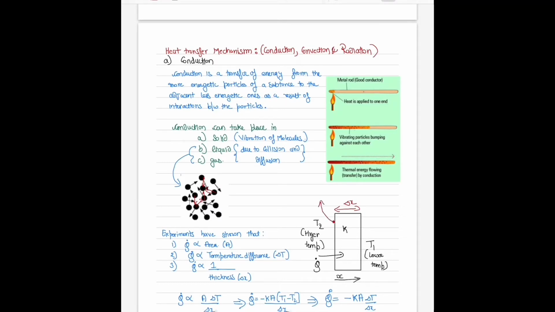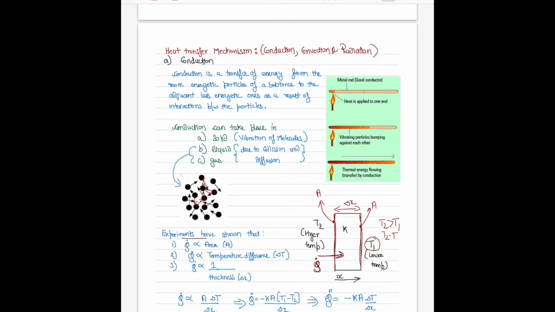One end of the slab of area A is maintained at temperature T2, and the other end of the slab with the same area A is maintained at temperature T1, and T2 is greater than T1. Due to this temperature difference, T2 minus T1, heat transfer takes place from one end of the slab to the other end, which is denoted by Q dot.